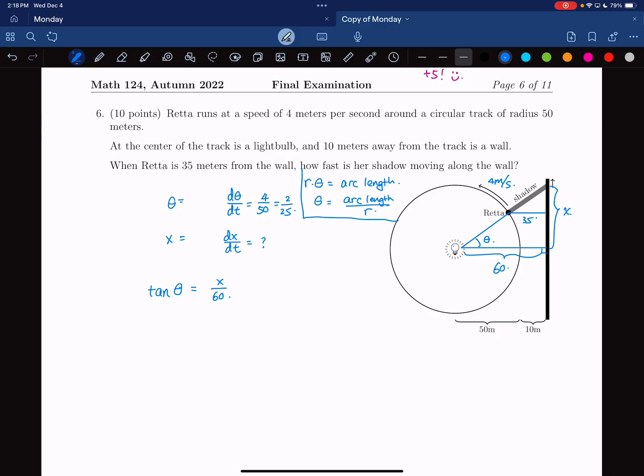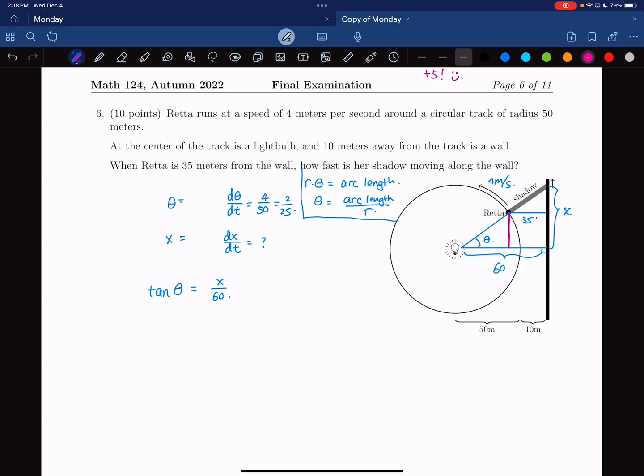Sounds good? Now the next step is to figure out what theta is and what x is. I'm going to figure out theta first. To figure out what theta is, I'm going to draw an extra line. The point is you have to play around with this diagram. If you play around, it turns out this line is the correct line to draw. Let me draw it using a different color.